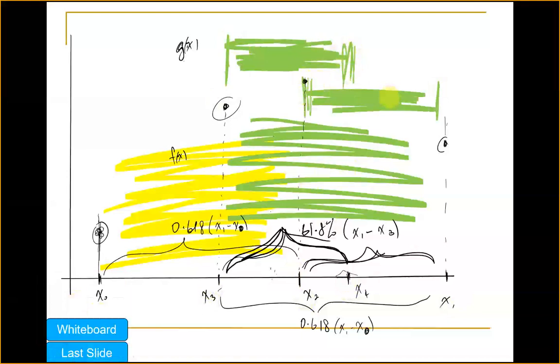Okay? And so let's say I find out that the value at x4 is higher, then from 2 to 1 would become my new range. And then I have to do 61% from 2.